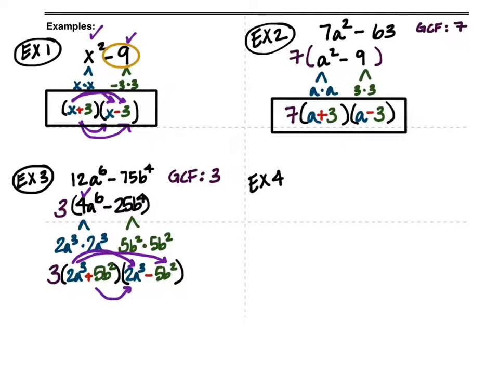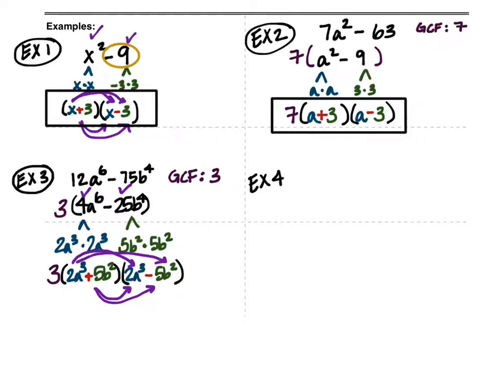And I recognize that 5b squared times 2a to the 3rd is going to be its opposite. So if I add opposites, they just go away, which is excellent news for me because I don't have a middle term in here. But I do want to check that I take 5b squared times negative 5b squared and get negative 25b to the 4th, which is in fact a true statement.